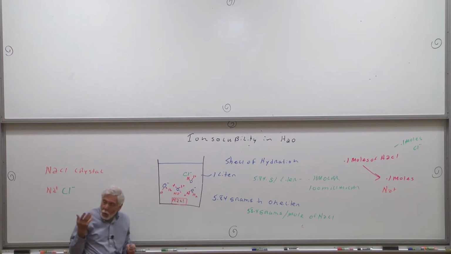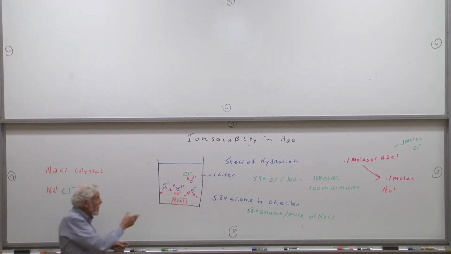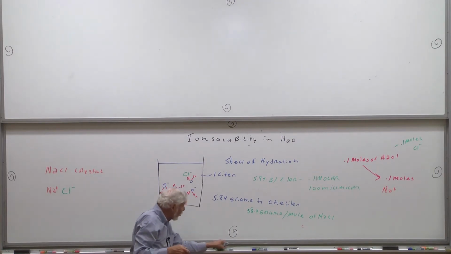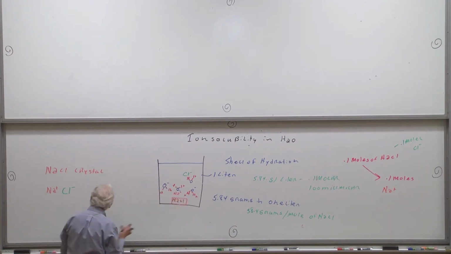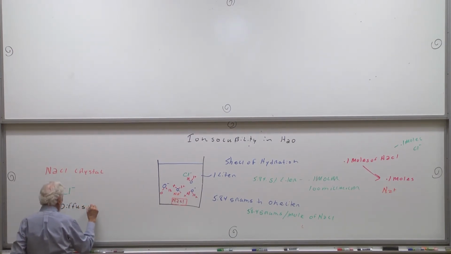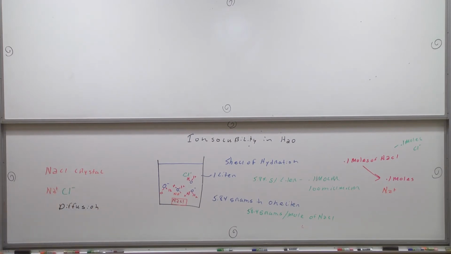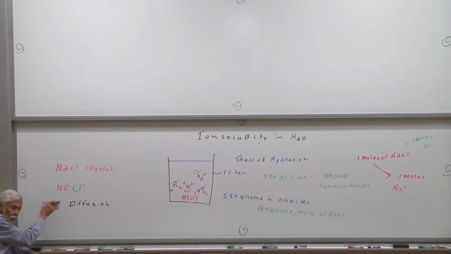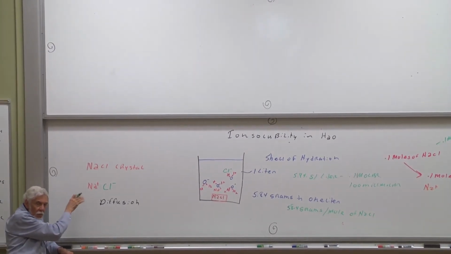The other idea I want to try to get to in this simple description is the idea of diffusion. It's difficult for me to overemphasize how important this concept is and what we're going to be talking about for the next 8 weeks.